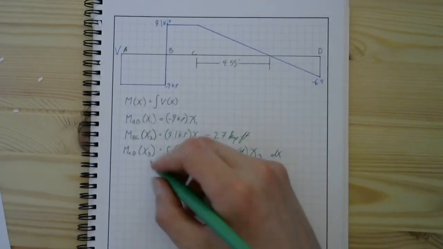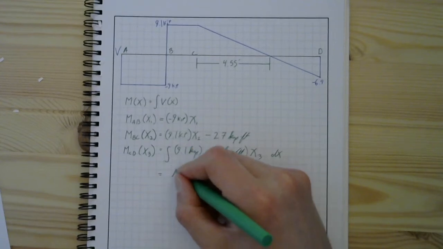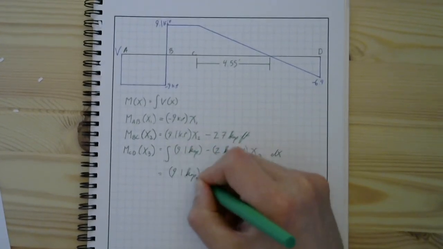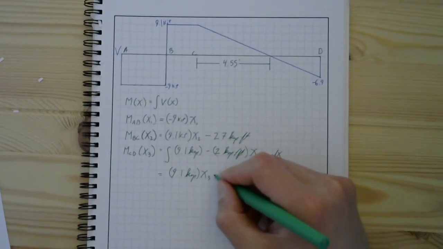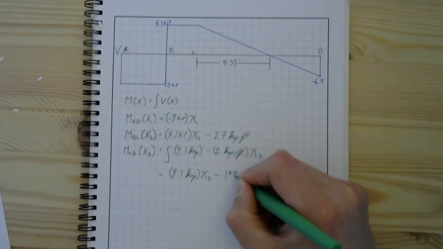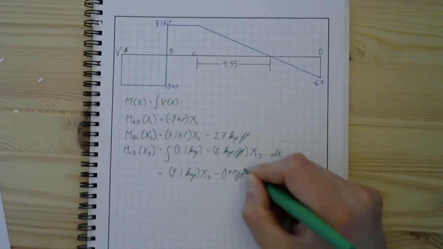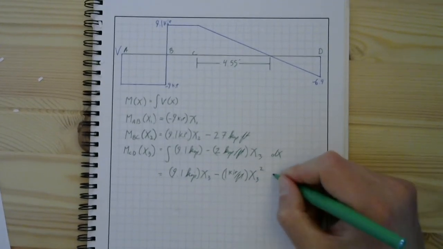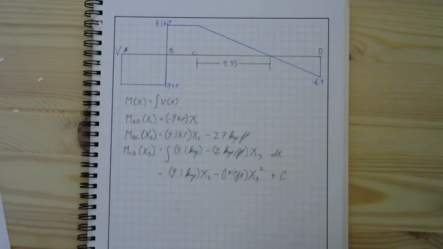Integrating that, we're going to end up with 9.1 kip x3 minus 1 kip per foot times x3 squared plus some constant of integration.